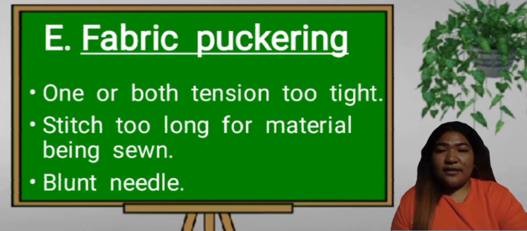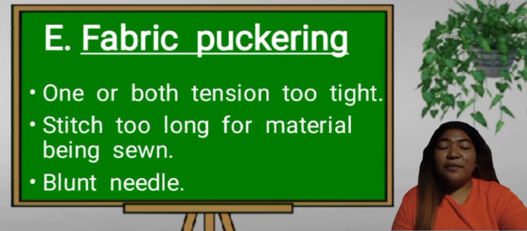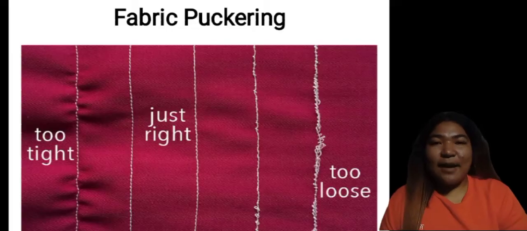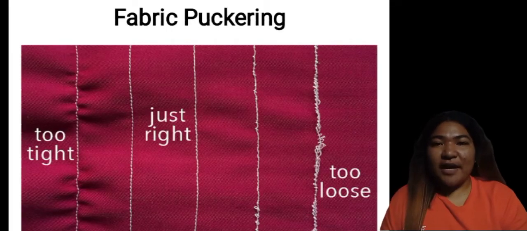Causes of fabric puckering: one or both tensions too tight; second, stitch too long for the material being sewn; and lastly, a blunt needle. This is an example of fabric puckering.